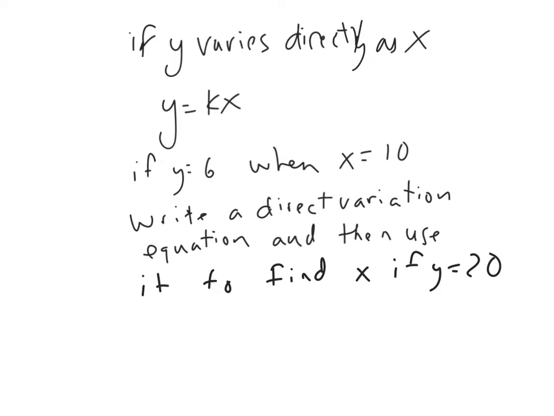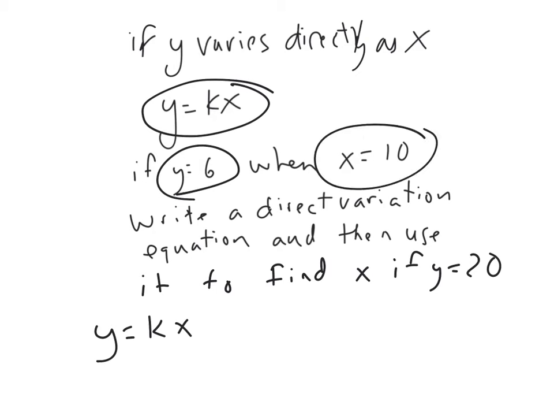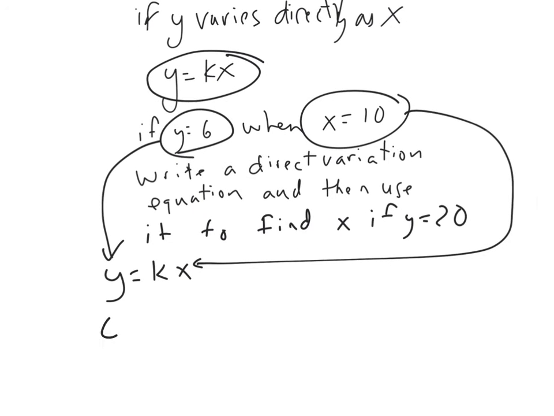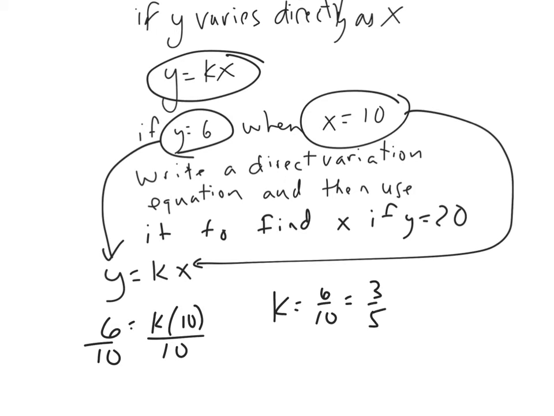So we start back here, all right? So I got y equals kx, and then I'm going to plug these two guys in where they go. Y is going to go here, and x is going to go here, right? So we're going to have 6 equals k times 10. Well, can I find k? Yeah, I can divide by 10. So k is 6/10 or 3/5.